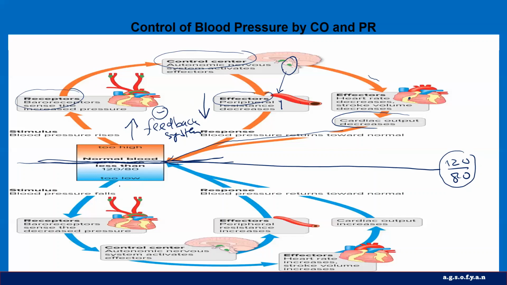Now, what happens if the blood pressure decreases? Maybe during winter time, sometimes our blood pressure decreases. Then the same thing happens. The stimulus decreases, and our response is to try to increase it to go back to the normal pressure. This is also a negative feedback system.